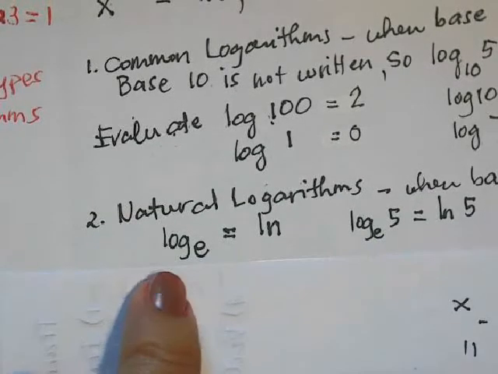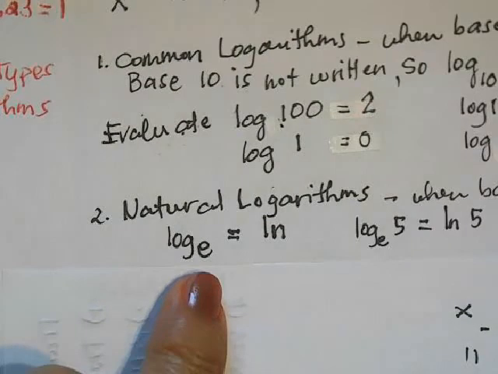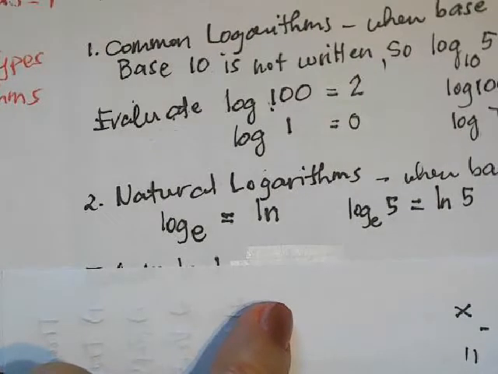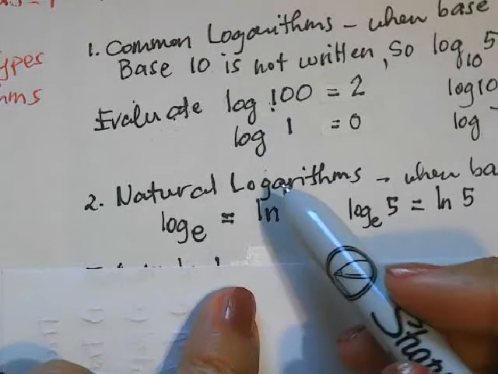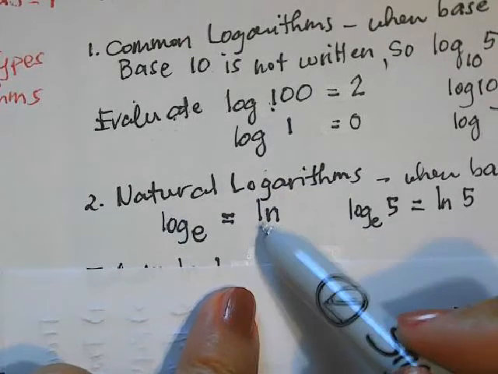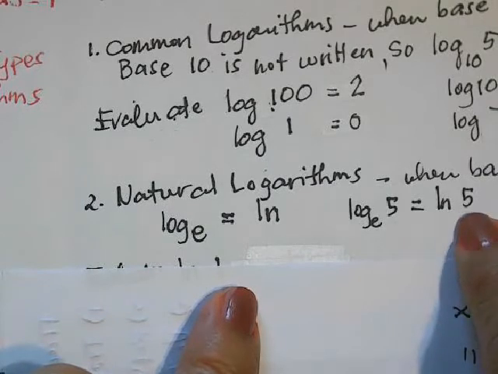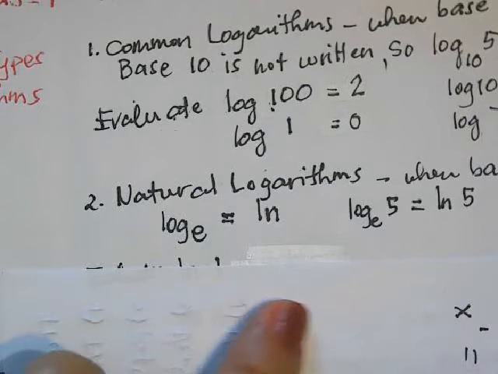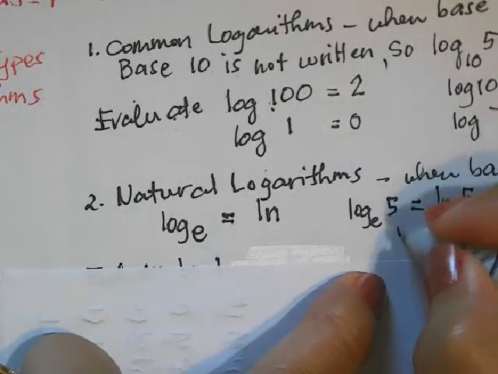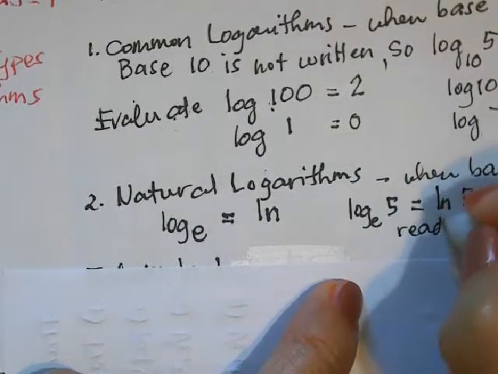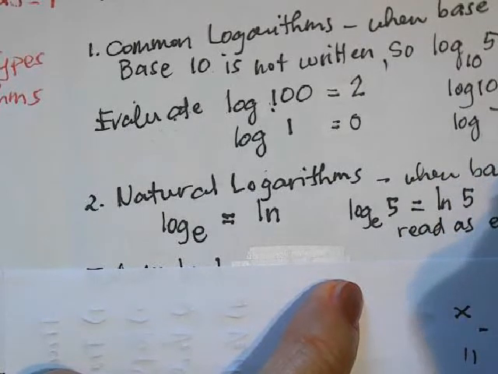Instead of writing log base e, you will see the letters ln, natural log in reverse. So instead of writing log base e of 5, you will just write ln of 5.